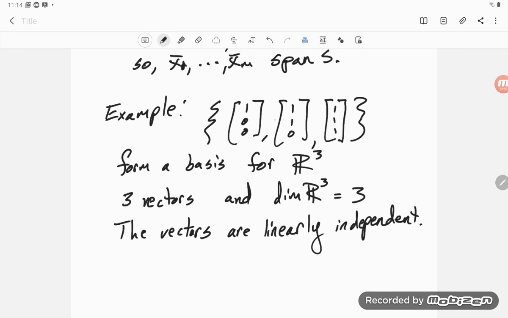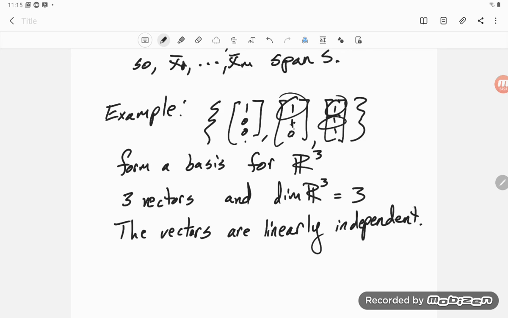If I go to reduced row echelon form of the matrix of these 3 columns, that'll be very simple. I can zero out the first entries by taking the first row minus the second row, and then the other one will zero out by taking the second row minus the third row, and I get to the identity.